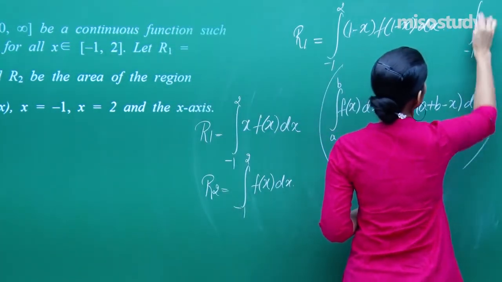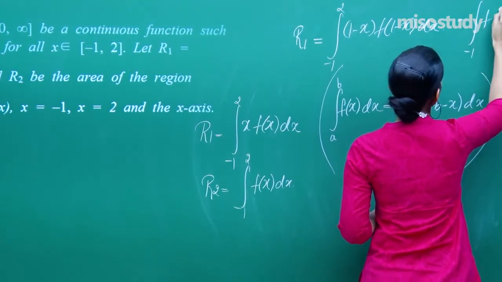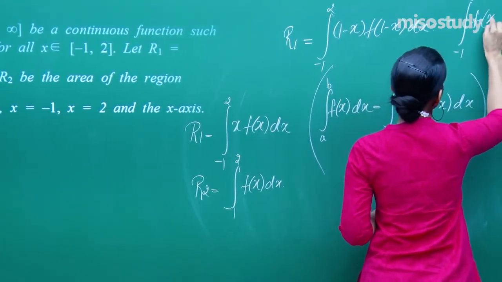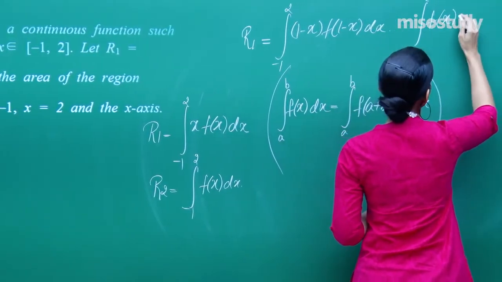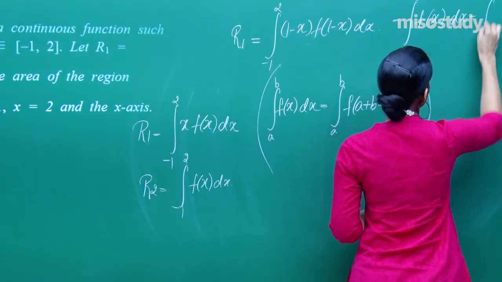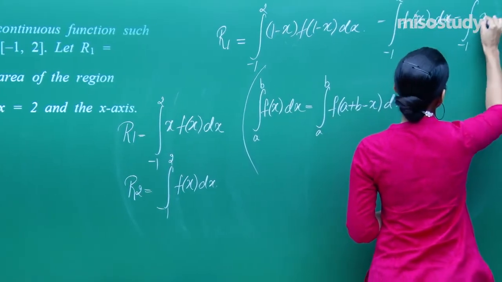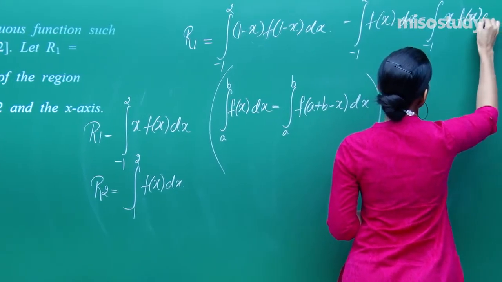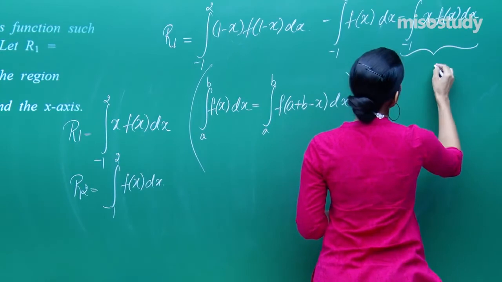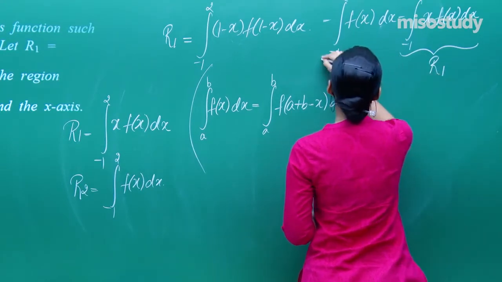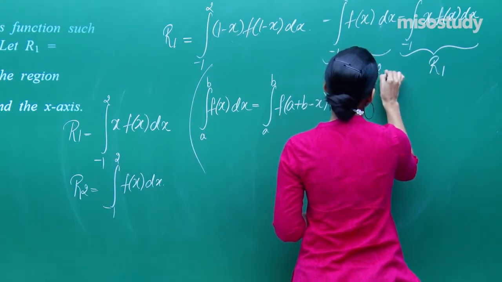This becomes integral from minus 1 to 2. f of 1 minus x is the same as f of x, minus integral from minus 1 to 2 of x into f of 1 minus x. f of 1 minus x is f of x. This is equal to R1, and this is equal to R2.